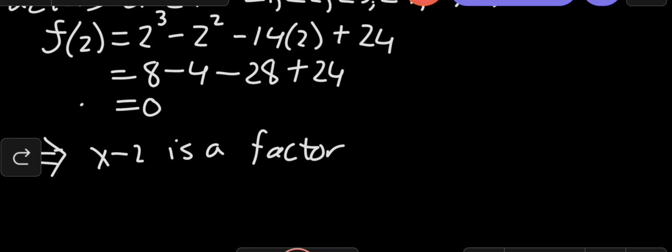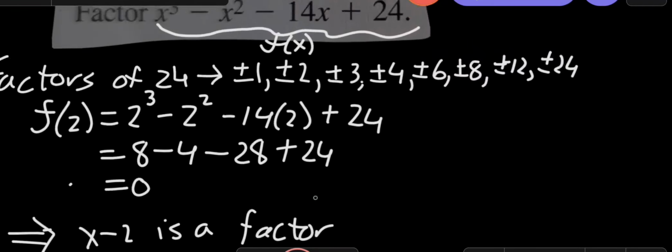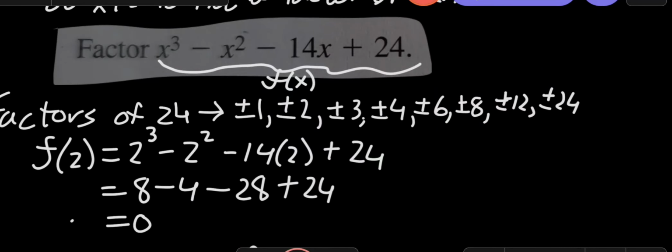Now that we know that's a factor, technically we can go through the entire list. Since we know it's a cubic function, we should have 3 factors. Even if there's a double root, which could be the case, we could have 2 factors that are equal and a third factor that's different, or we could even have all 3 factors the same, or all 3 factors different.